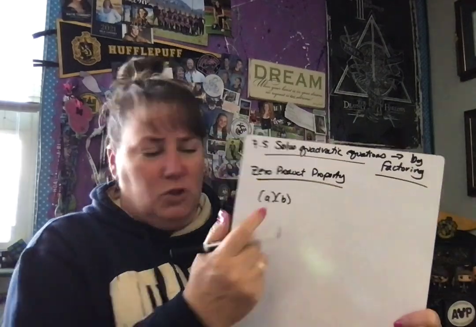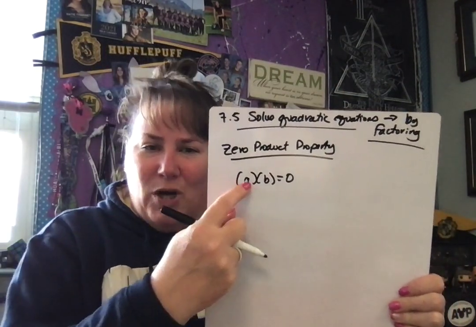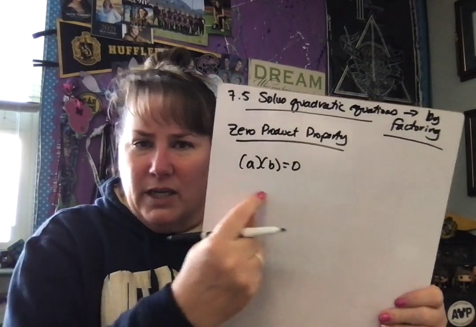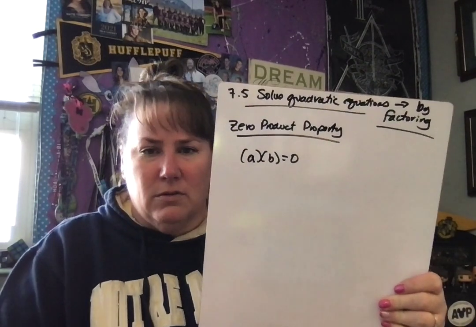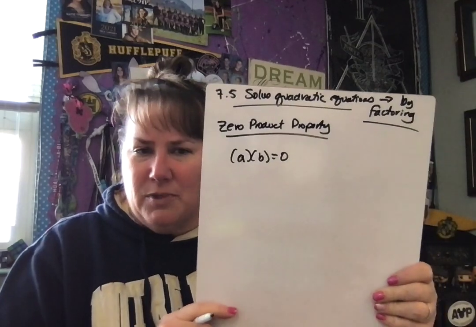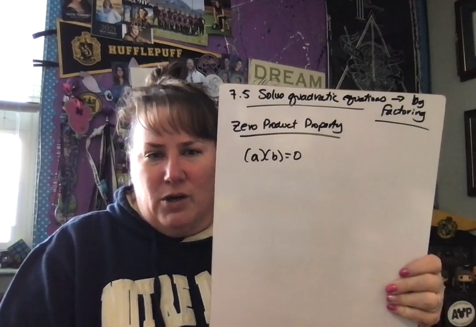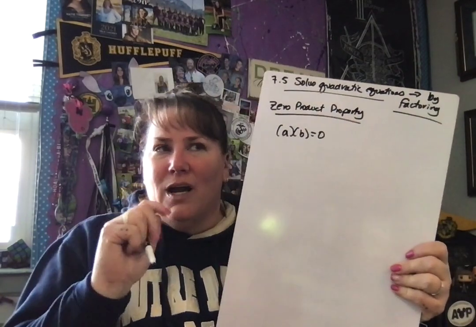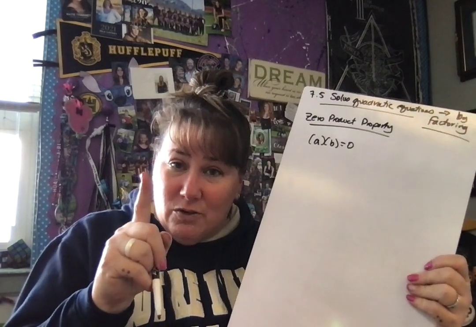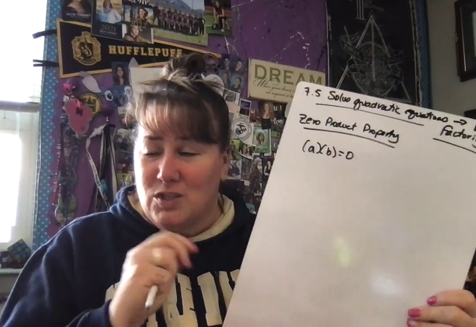But if you have two things being multiplied and their product is 0, what that means is either A or B is going to be 0. One or the other has to be 0. Only one can be 0, the other one has to be something else. And this product property helps us solve the quadratic. And you're going to now have 2 values of x that make it possible, or 1 value of x that make the equation possible, or no solutions. So we've been working on that.